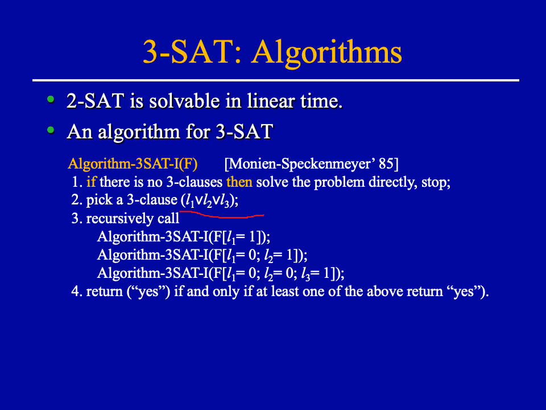This is what we do. First, we assign the first literal equal to 1, so that you get 1 variable with a value. Then you recursively work on the resulting formula. Or you assign the first literal equal to 0, but the second literal equal to 1. That would give 2 variables values. Then you recursively solve the resulting formula.